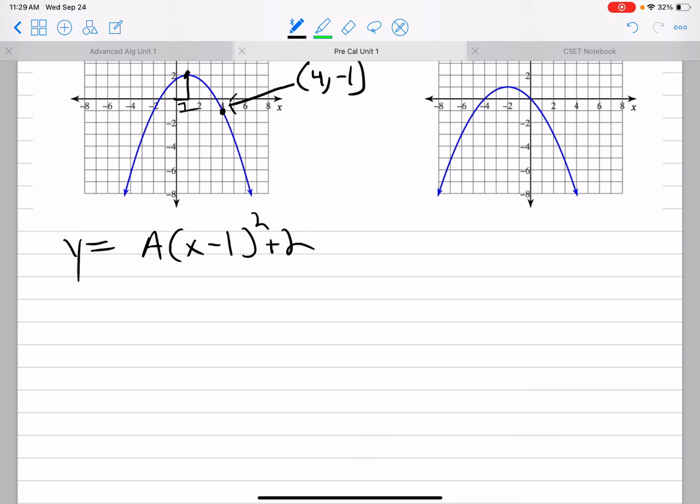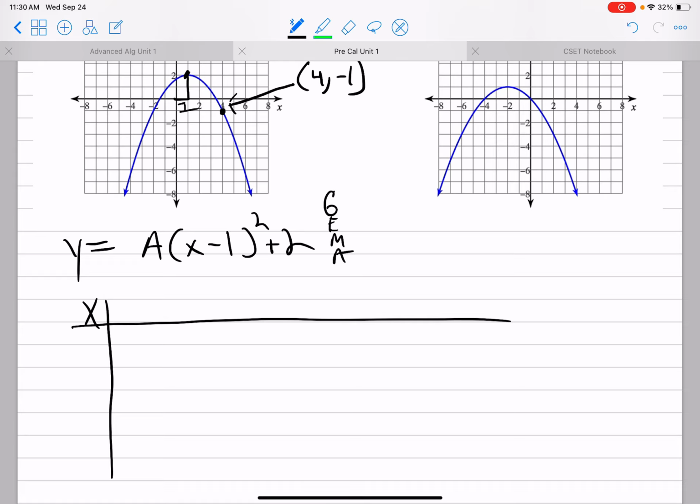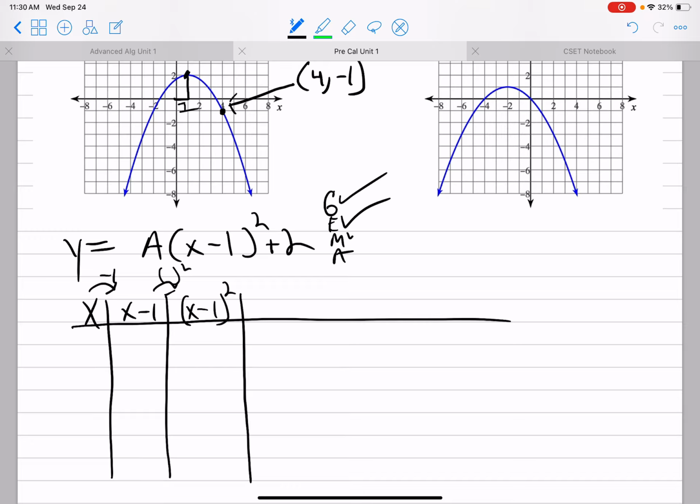All right, let's build a Gemma table, see what we got. If I'm going to build this following Gemma grouping, so x inside that grouping, I got to do -1. That gives me x -1. Next is exponents. So I got to take that and I got to square it. So that gives me x -1 squared. Next is multiplying or dividing.